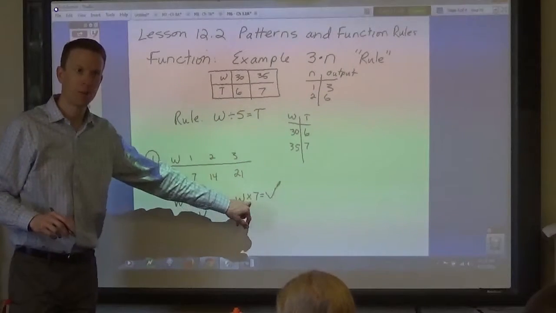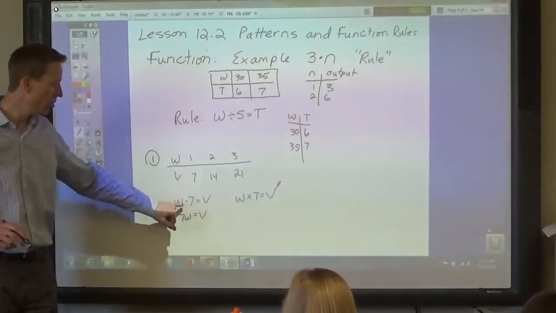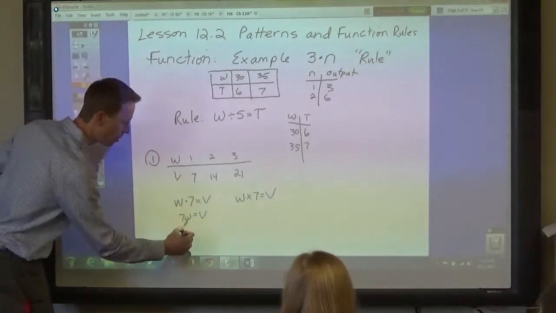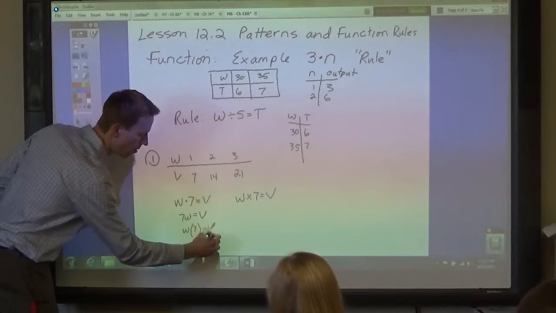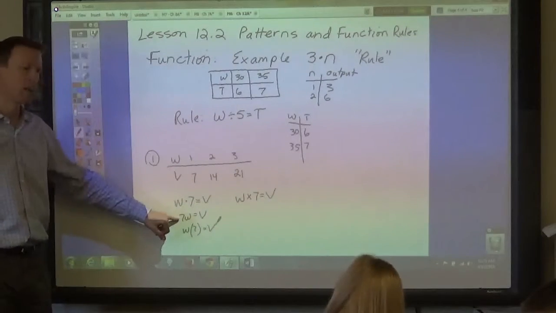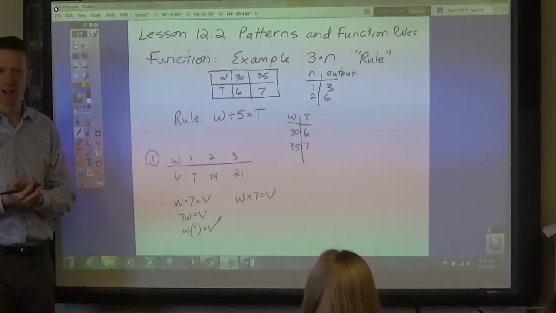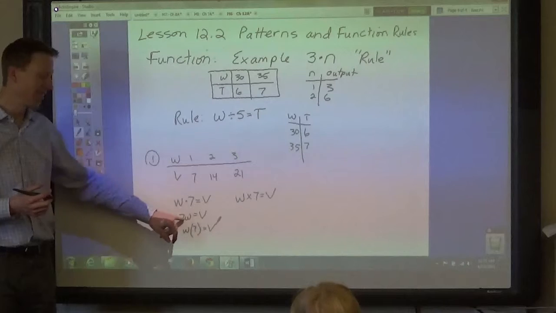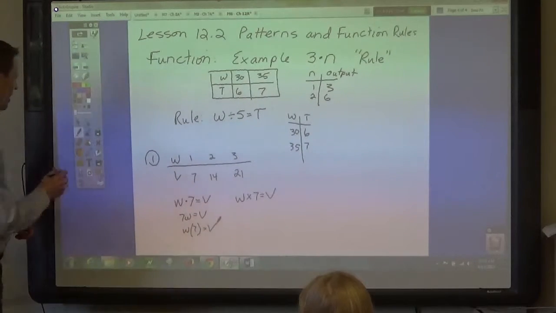This looks like the variable X, not the times symbol. So you should either use a dot for times, or you could use parentheses, or you could put a number and a variable together, and that also means times.